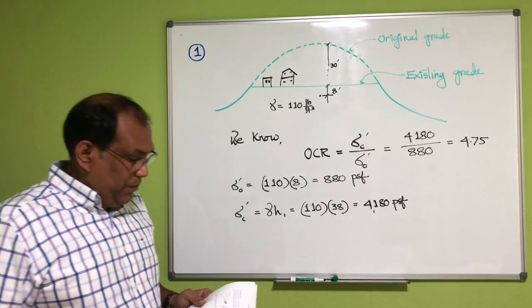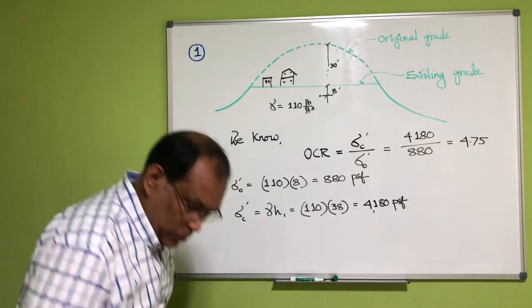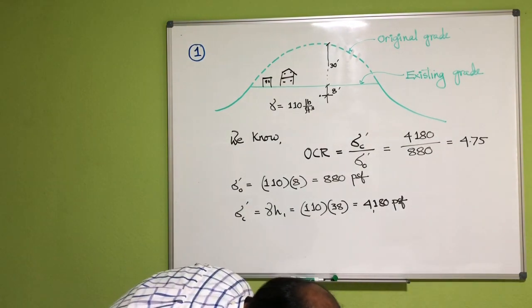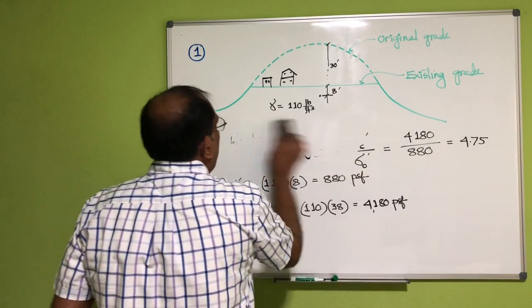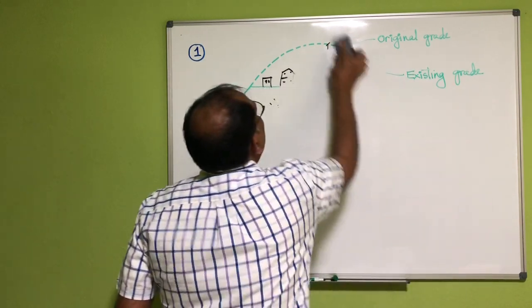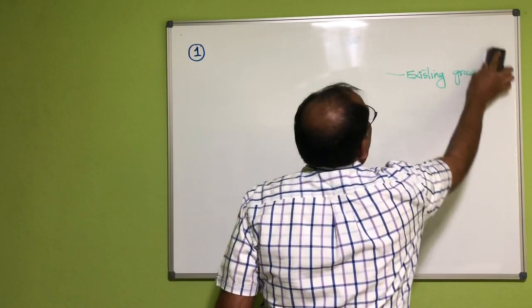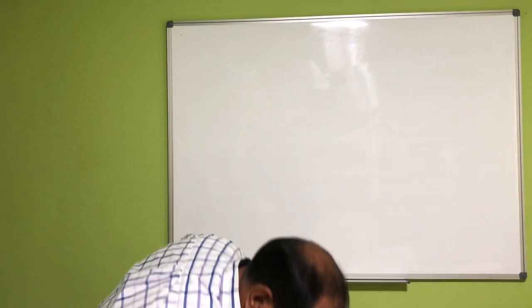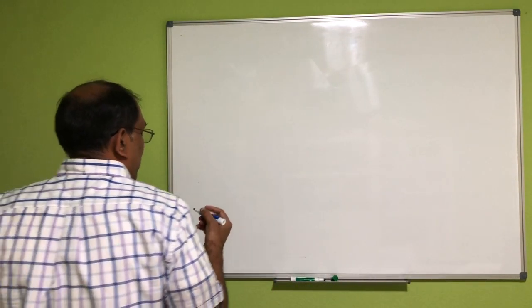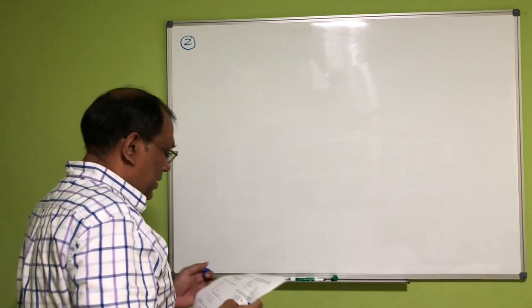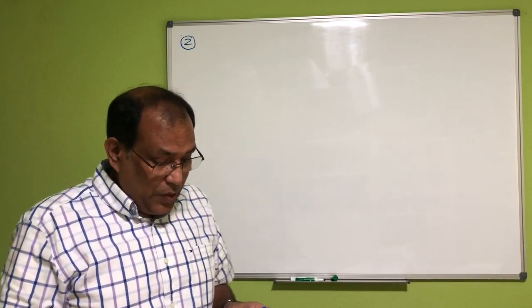Okay, let's move forward. Problem number 2. Problem number 2 is saying the state of stress of a soil element is shown below.